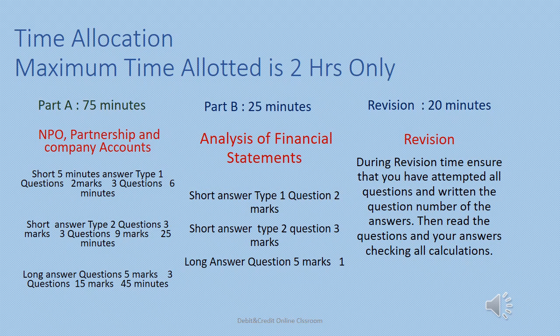From part A, we'll get 9 questions and part B, 3 questions. In part A, out of those 9 questions, 3 questions are of 2 marks each, 3 questions are of 3 marks each, and 3 questions are of 5 marks each.